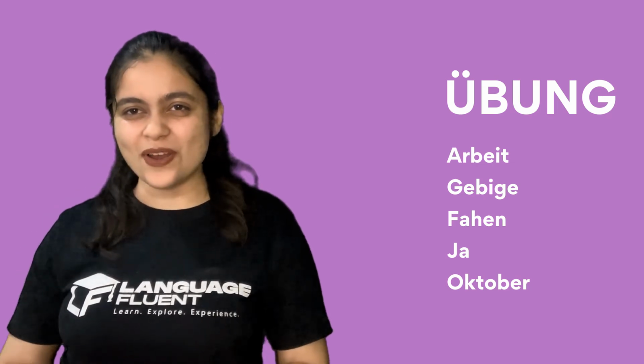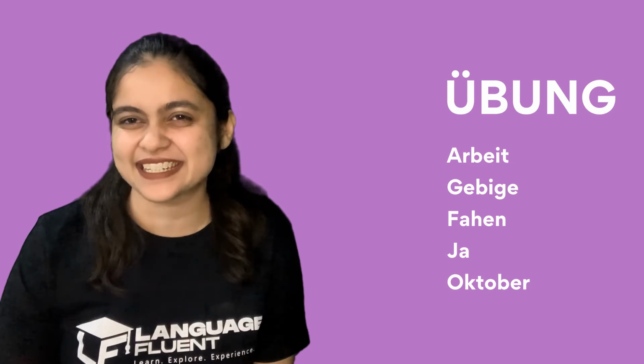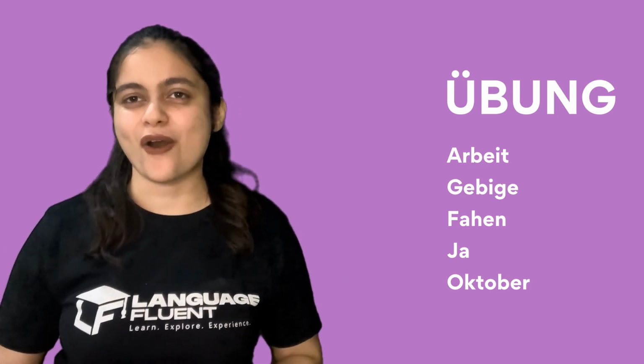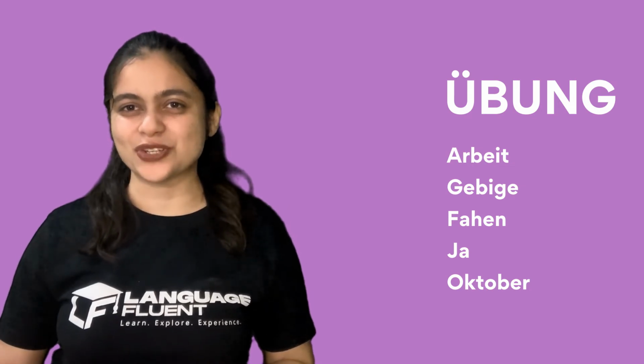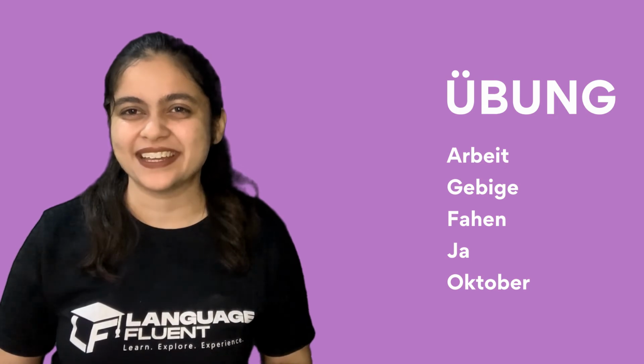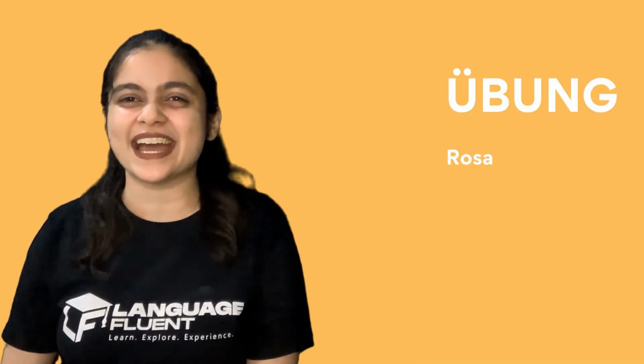Yes. So, what is the word? Oh, that's absolutely correct. So, our next word was what? October. It of course means the month of October. Okay? Alright, let's quickly move on to the next word, guys.